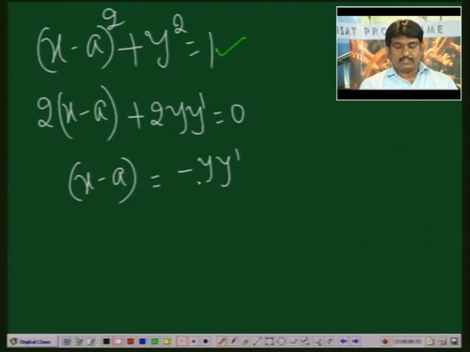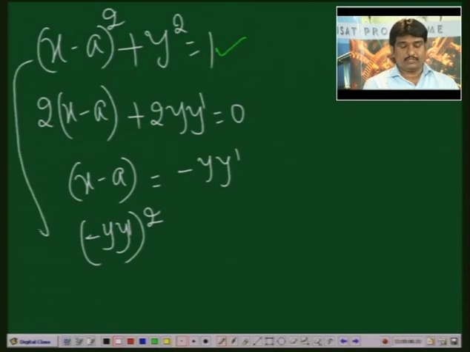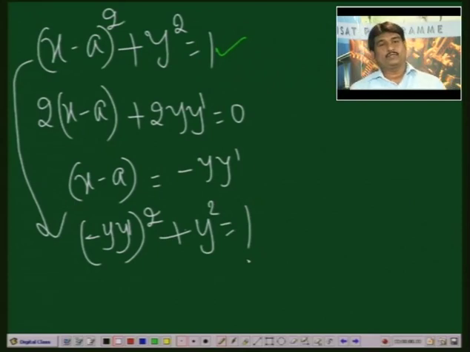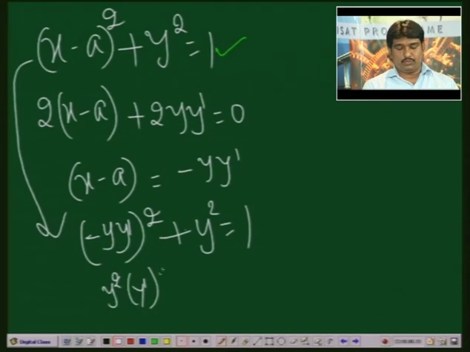Now substitute this in the given equation. So x minus a is minus y into y dash. So x minus a whole square is minus y into y dash the whole square plus y square equals to 1. This is nothing but y square into y dash whole square plus y square equals to 1.